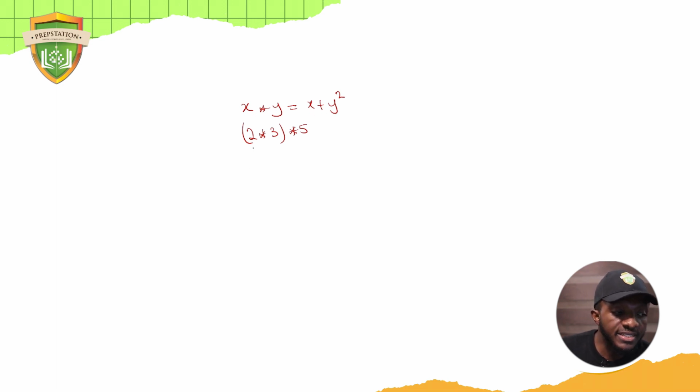Since this is in the bracket, and BODMAS teaches us that we should deal with the bracket first, we can do 2 operator 3. If we follow this law above, this would give us 2 plus 3 squared, which is 2 plus 9, which is 11.